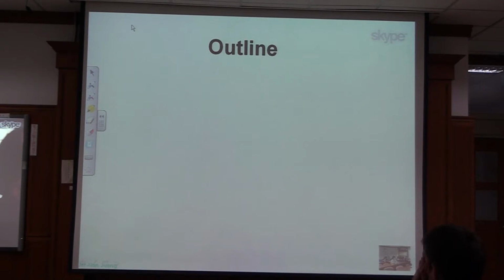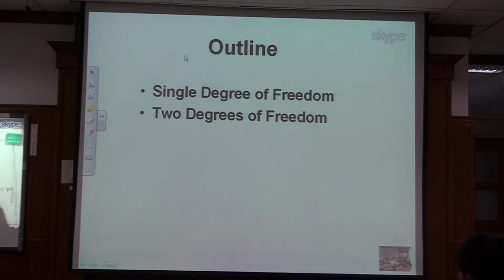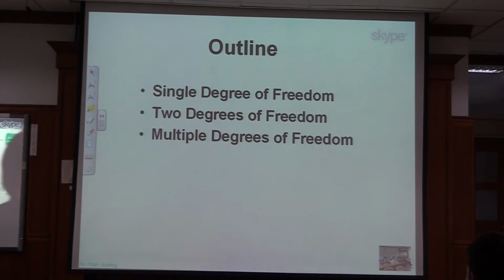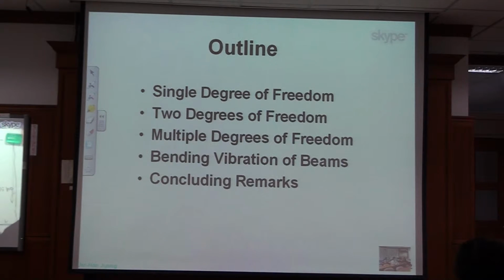Let's look at the outline here. I will begin with the single degree of freedom, and I will talk about two degrees of freedom. The two degrees of freedom is similar to the TMD system. And I will talk about multiple degrees of freedom, and then I will show the continuous equation of motion for a beam, and then I show more examples.